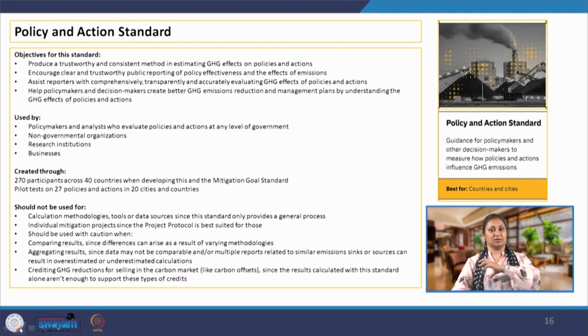All this together is the impact of one single policy, which is that there will be a subsidy on electric vehicles, and what this particular policy as an impact has on greenhouse gas emissions is what this standard helps us to calculate, the policy and action standard.